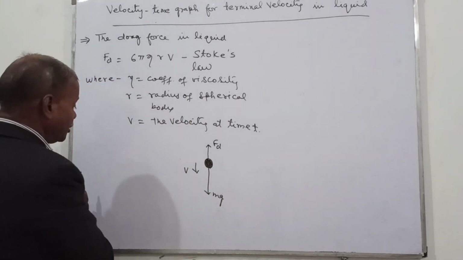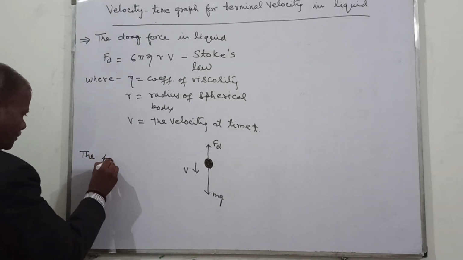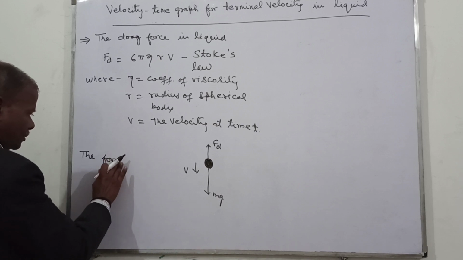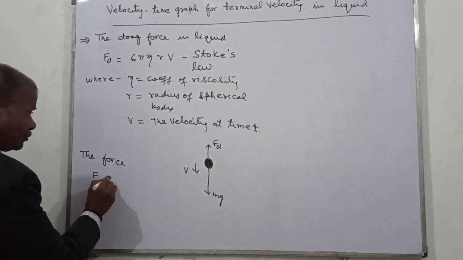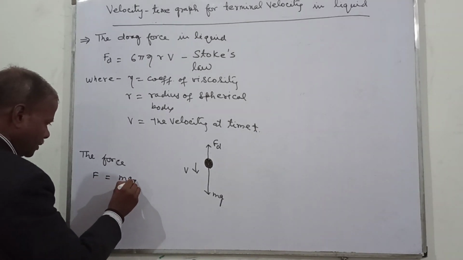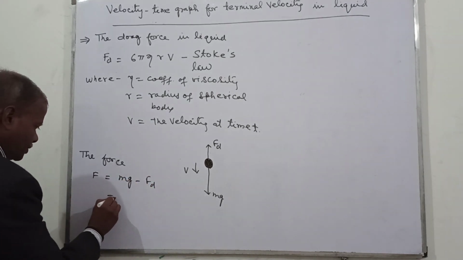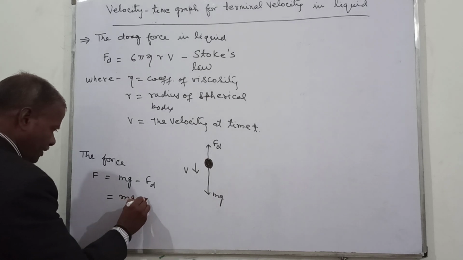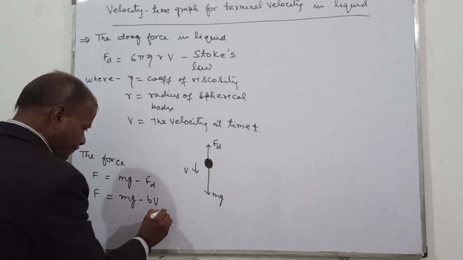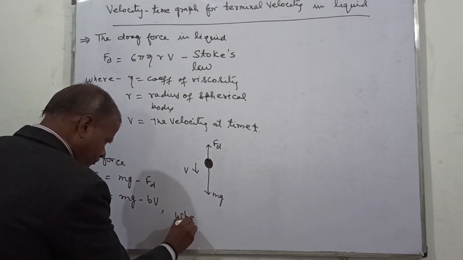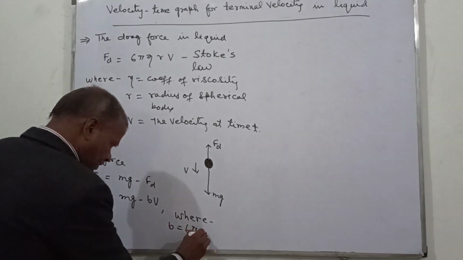So the net force will be how much? F equal to mg minus F_d, so this is equal to mg minus bv, where this b equal to 6 pi eta r.